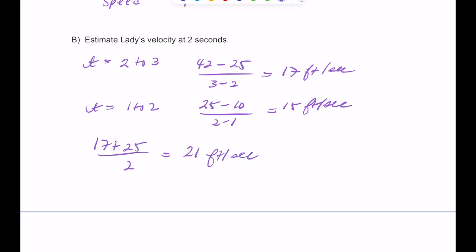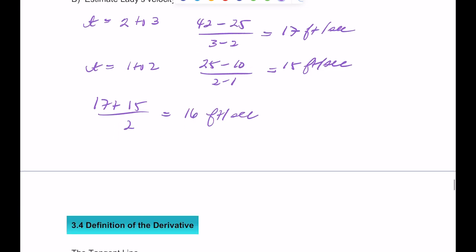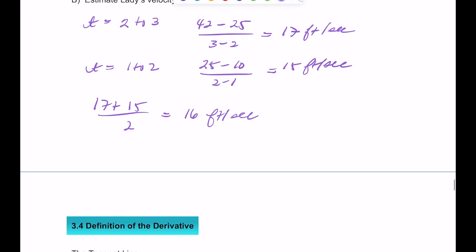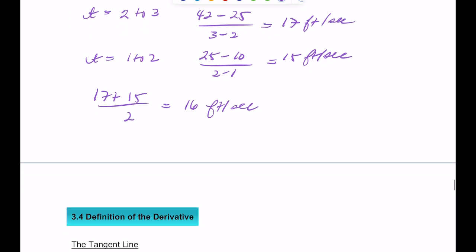Sorry, that should actually be 17 plus 15, not 25. So that would mean it's going to be 16 feet per second, which makes more sense, right? I mean, if she's traveling 17 feet per second from 2 to 3 seconds, and then 15 feet per second from 1 to 2, the average would be about 16 feet per second. So that would be her velocity at 2 seconds, approximately.